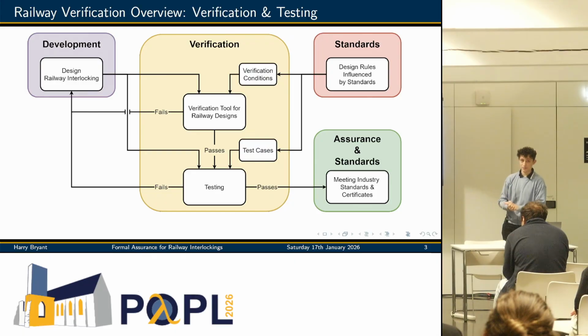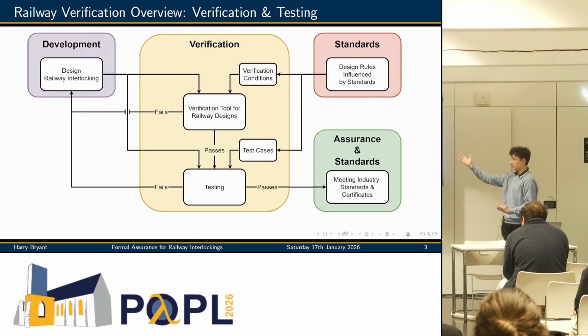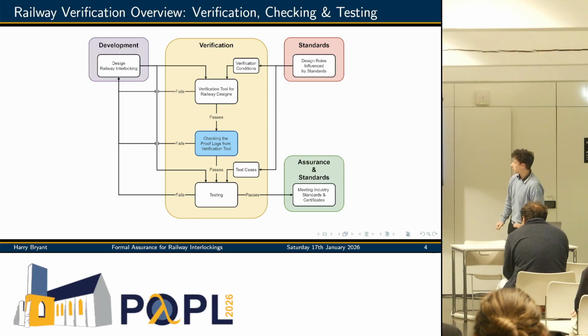But the problem is, how do you actually have trust in what your verification tool is doing? Because they're very complicated and not many people actually understand the deep logic of it. We perform some proof checking, and the idea is, again, that you still have the encoding.